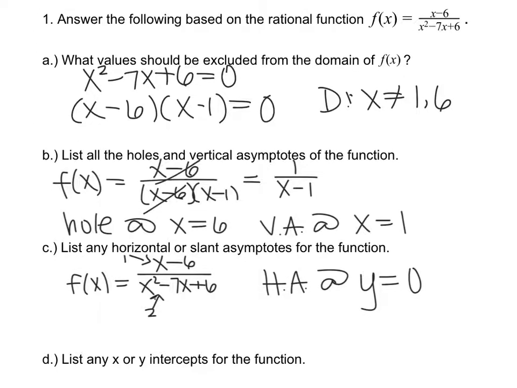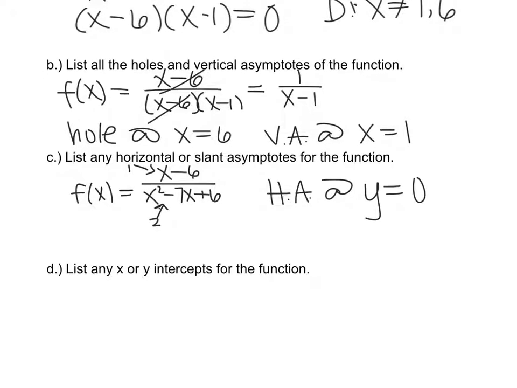Okay. Next, we want to list any x or y intercepts. So if we start with x-intercepts, those come from when the numerator equals 0. So our numerator is x minus 6, so we want to find when it will equal 0, which is when x equals 6. So our x-intercept is going to be at 6, 0.